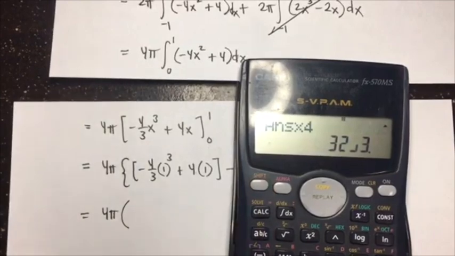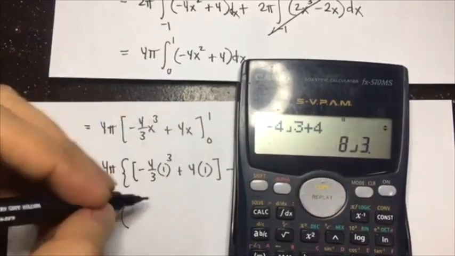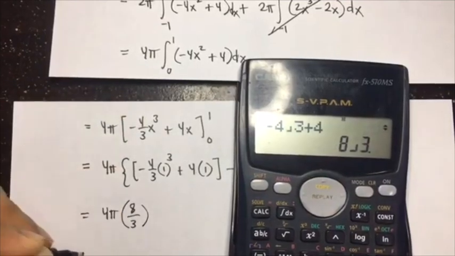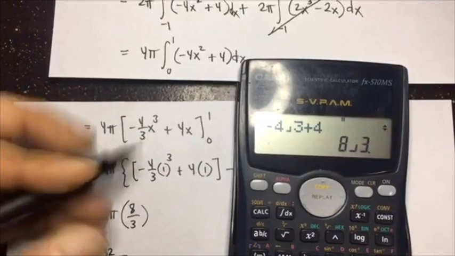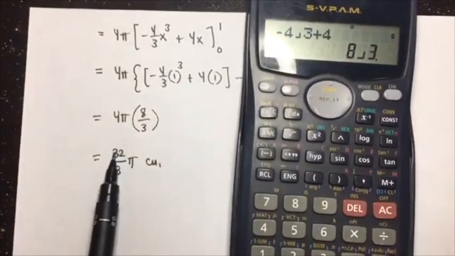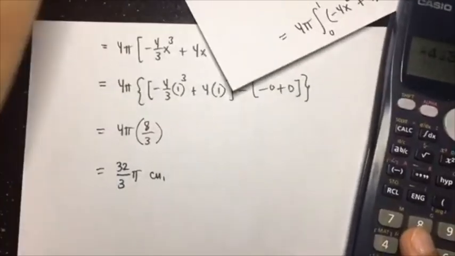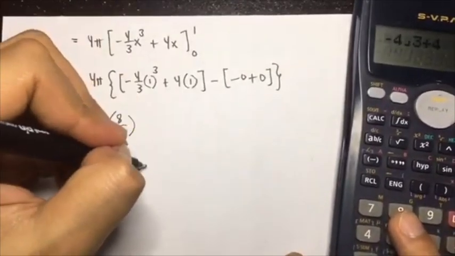Then fraction, we have 8 over 3, so we'll have 32 over 3 pi. So this is cubic, 32 over 3 pi cubic units.